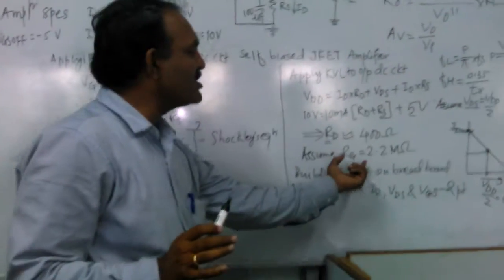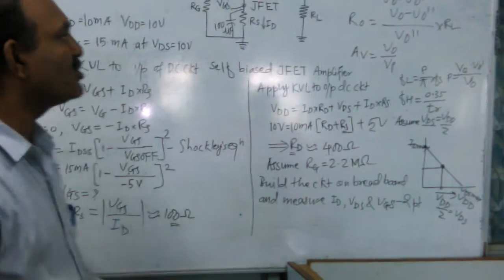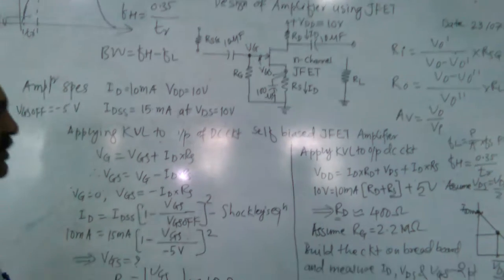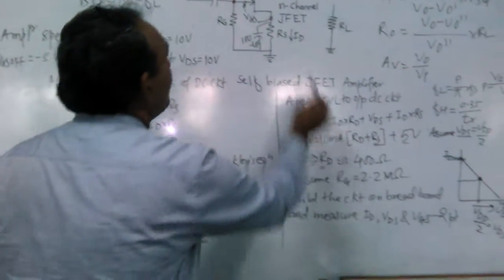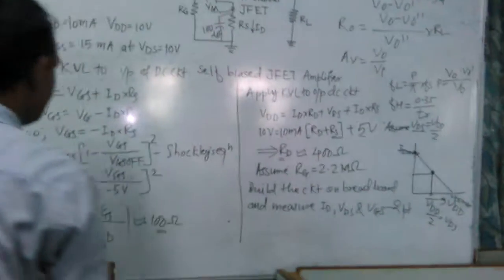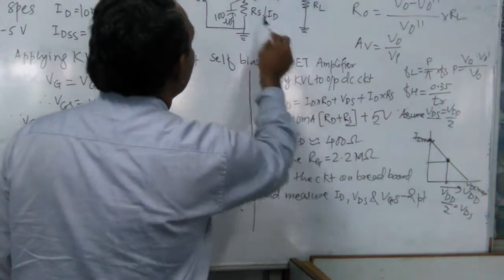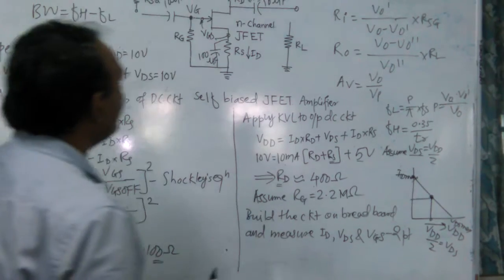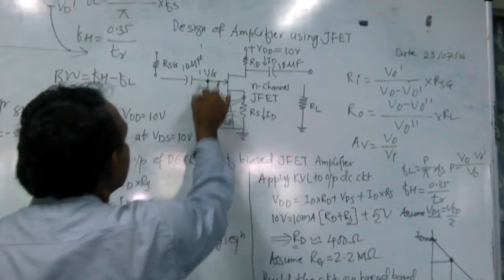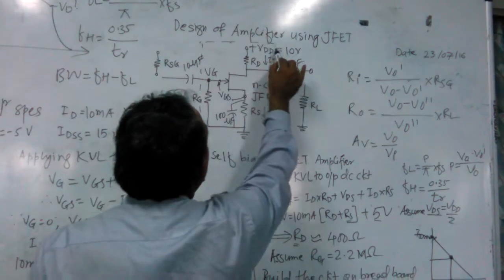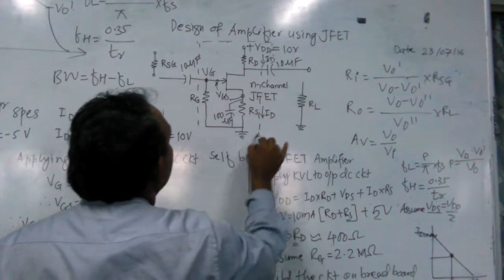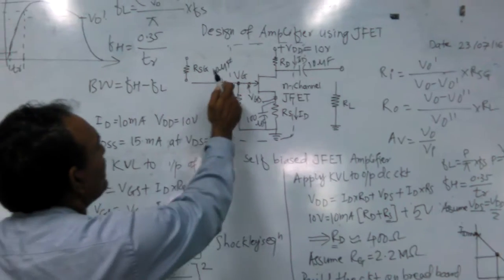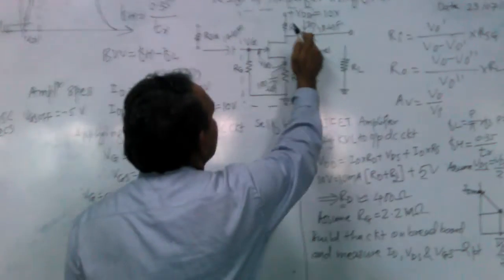You have to assume RG to be equal to 2.2 mega ohm, so that no current is allowed to flow through this gate circuit. With this value of RD equal to 400 ohm, RS equal to 100 ohm, and RG equal to 2.2 mega ohm, this becomes your designed DC circuit, which will not take into account the capacitors.